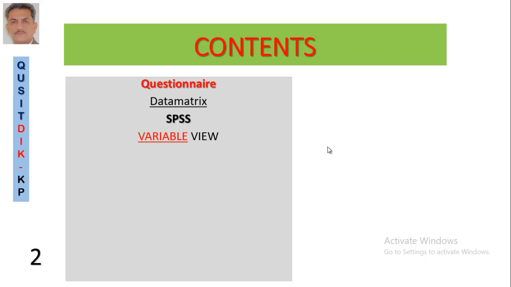As we start SPSS, the variable view comes up and we have to tell the software what our variables are and what their attributes or questions related to the variables are. Once the variables and the questions are placed in their appropriate columns, then we move to the second mode or view of SPSS, the data view.